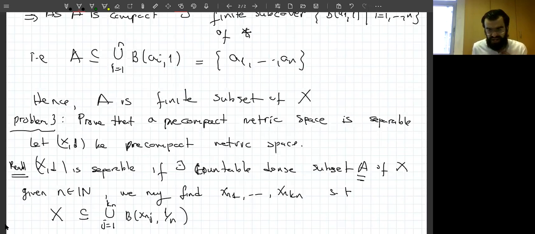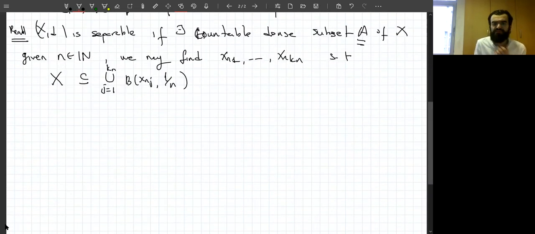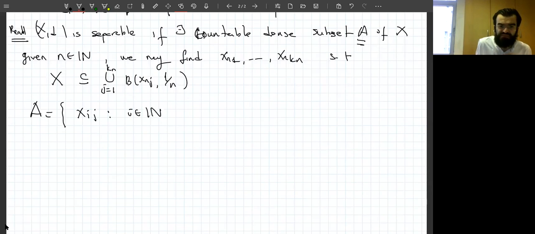So as X is pre-compact, we have this. Do you have any question? No. Let's choose our A as x_ij, i a natural number, and for each i, j is between 1 and k_i. Okay?